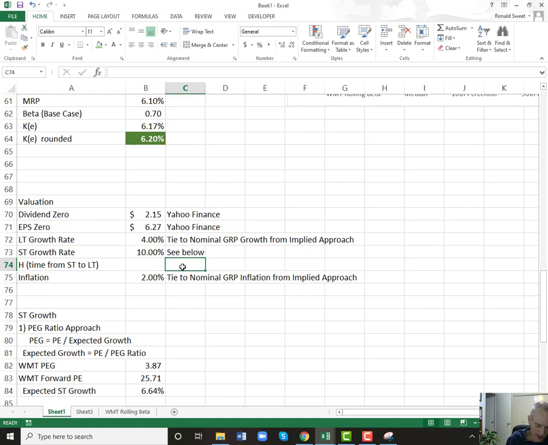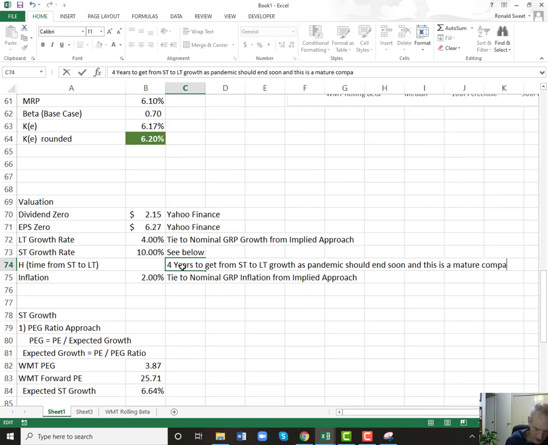Walmart's a fairly stable firm, so I'm going to say 4 years to get from short-term to long-term growth, as the pandemic should end soon. And they don't really have many other prospects, and you know, it's going to end soon, and this is a mature company in a tough competitive environment. So if my time frame is 2 years, your H is 1/2 of that. So your H is 2.